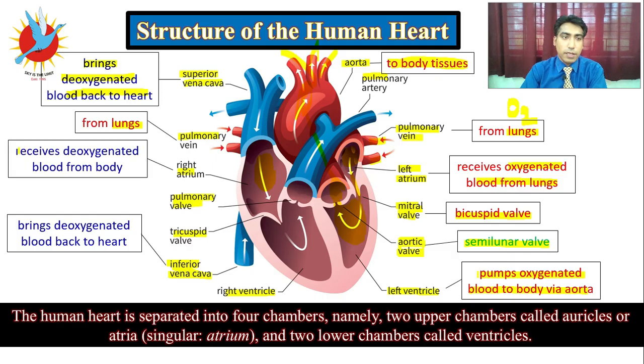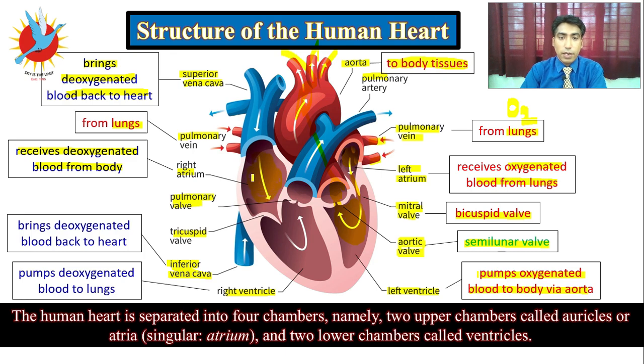So the right atrium receives the deoxygenated blood from the body with the help of the superior and inferior vena cava. When this right atrium gets filled with the deoxygenated blood, the same blood passes down to the right ventricle. From here, the right ventricle pumps deoxygenated blood to the lungs with the help of the pulmonary artery.